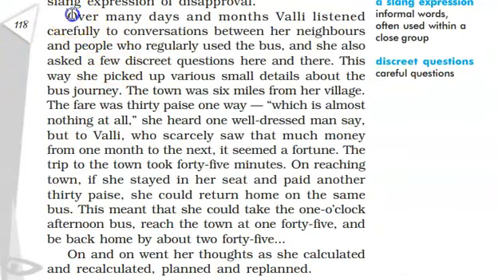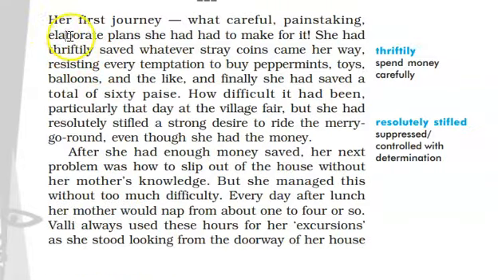So you can include this point. Over many days and months, Valley listened carefully to conversations between her neighbors and people who regularly use the bus. She also asked a few discreet questions here and there. The next point that you can take is from next paragraph. Other points are to be taken from these two paragraphs because they are showing the difficulties that Valley had to face in making her first bus ride.